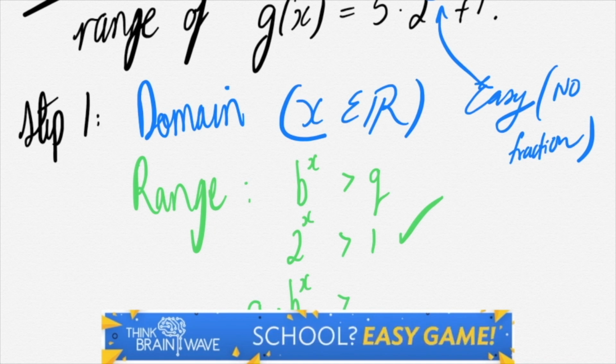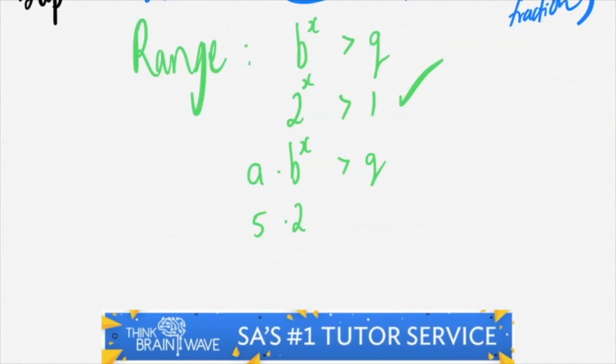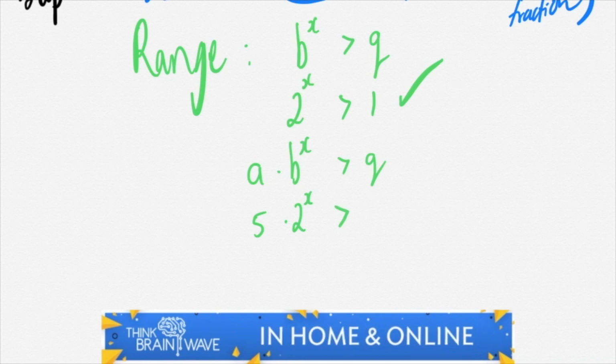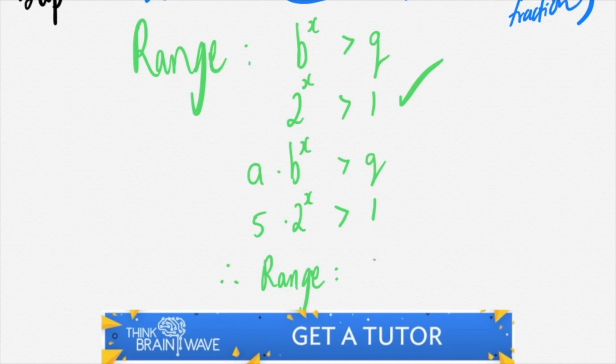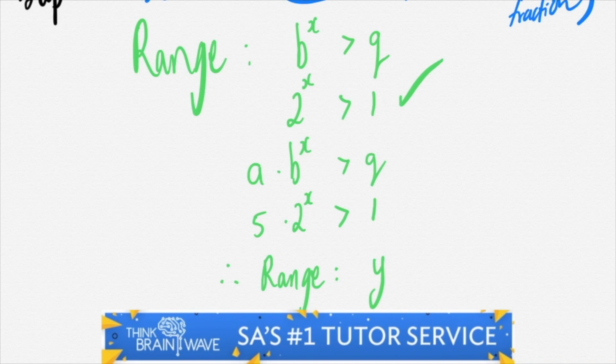So we can say a times b to the power of x being greater than q. 5 times 2 to the power of x is greater than 1. So our range would be f of x is greater than 1, or y is greater than 1.